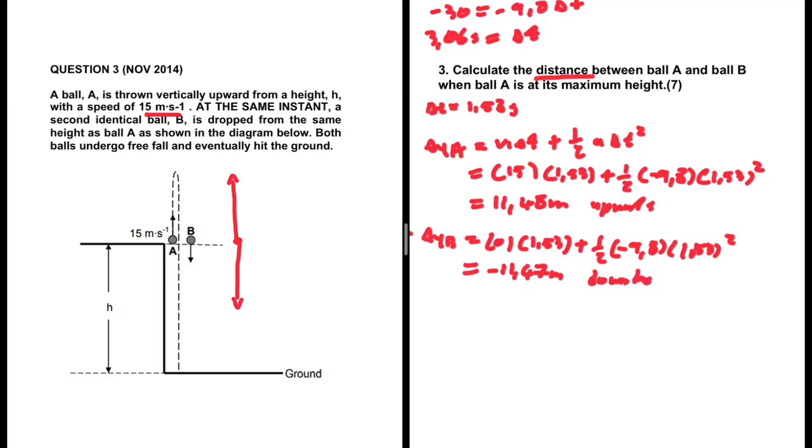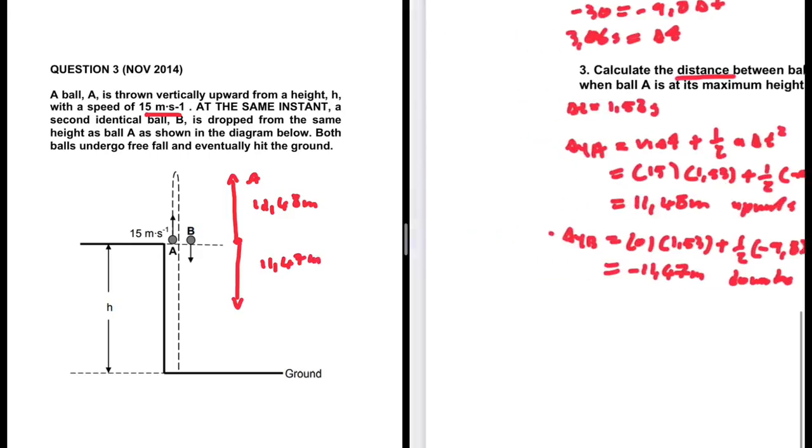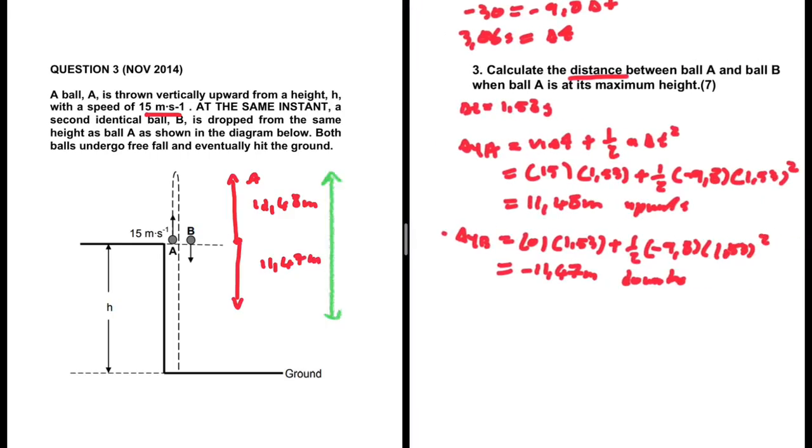So for ball A, we have a displacement of 11.48 meters upwards. And then for ball B, we have a displacement of 11.47 meters downwards. What we want is the distance between the two.